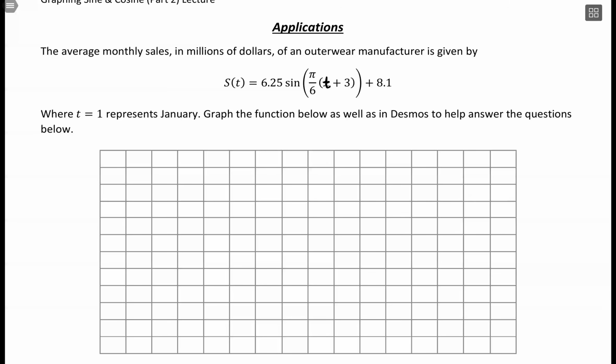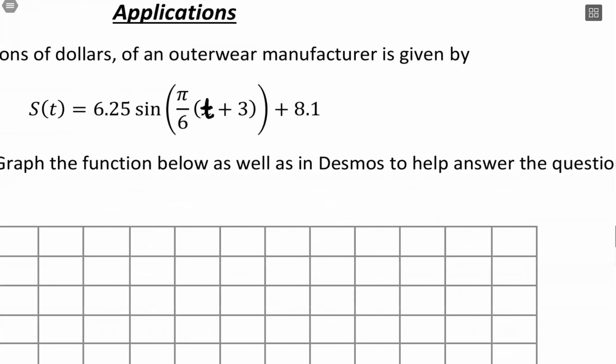Alright, so reading this function, let's talk about the transformations that we're seeing here. So we have an amplitude of 6.25. For the period of the graph, we would be taking 2 pi divided by that pi over 6, which if we multiply the numerator and denominator by 6, we would have 12 pi over pi.